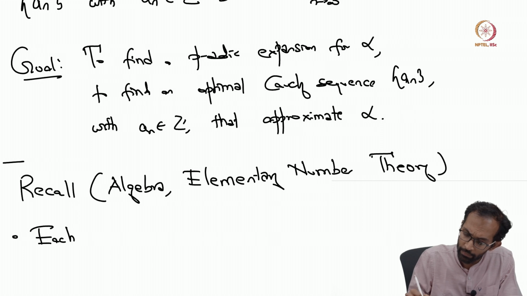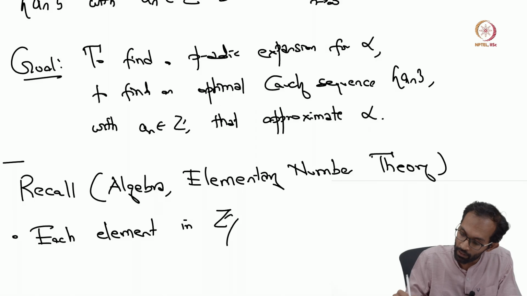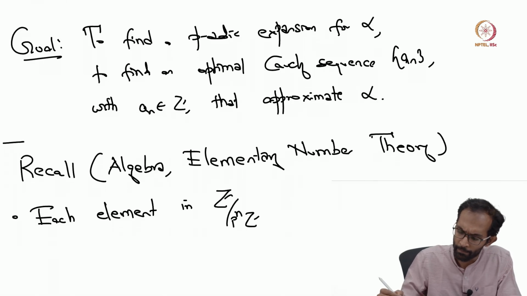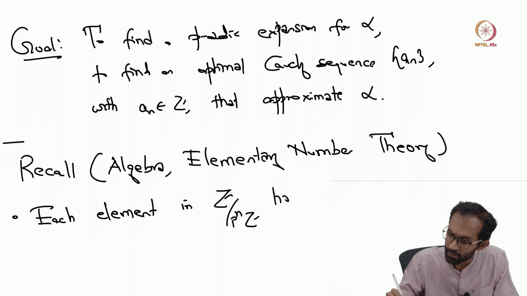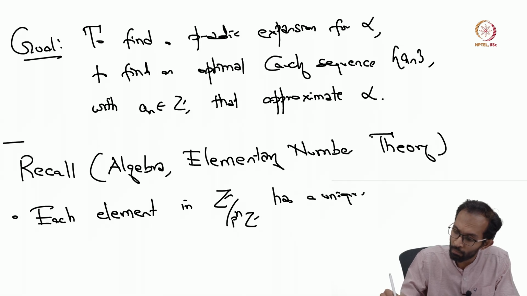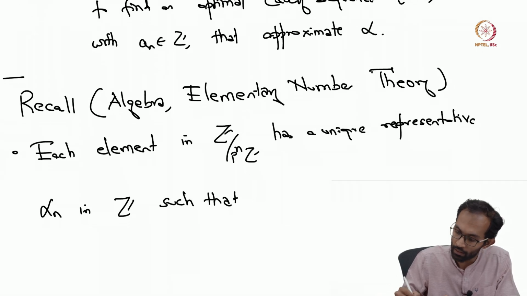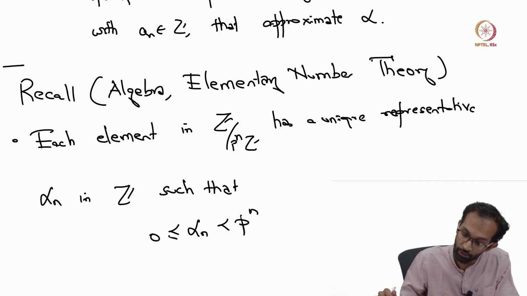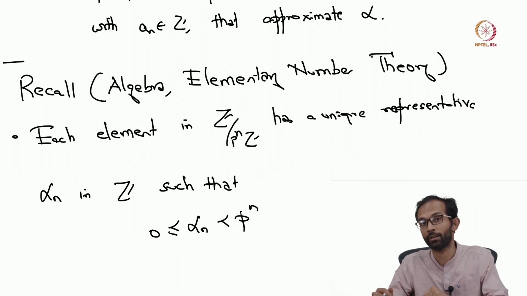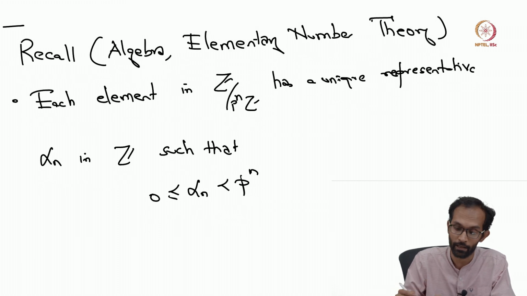If you take an element in Z mod p^n Z, an elementary fact is that it has a unique representative alpha_n in Z with the property that this alpha_n is between 0 and p^n. It could equal 0, but I'm not allowing the possibility that it equals p^n.